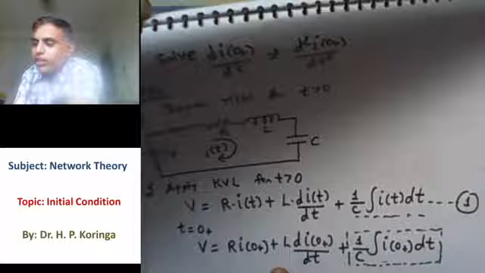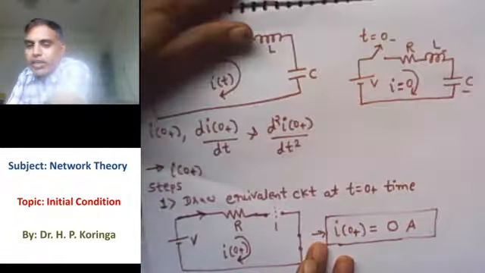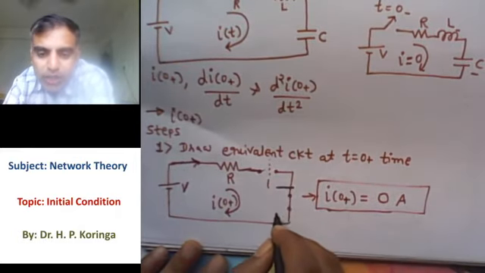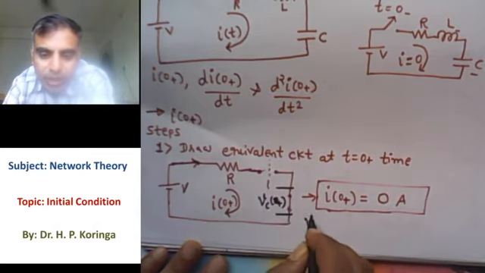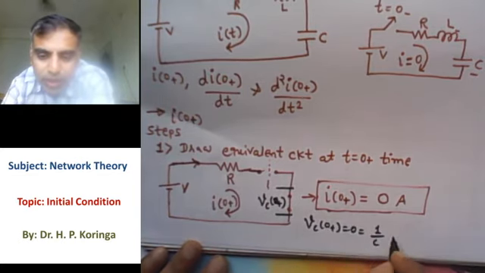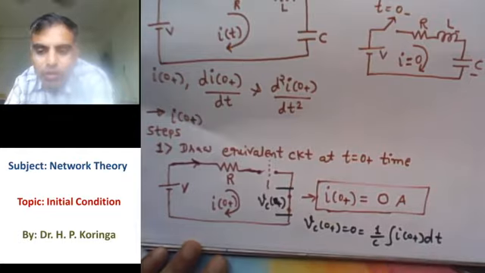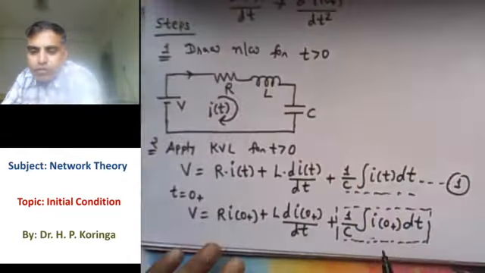Let's see the equivalent circuit at t equal to 0 plus. At t equal to 0 plus, the capacitor is a short circuit. So what is this voltage across the capacitor at 0 plus time? It is 0. So 1 upon C integration of I0 plus dt is equal to 0.